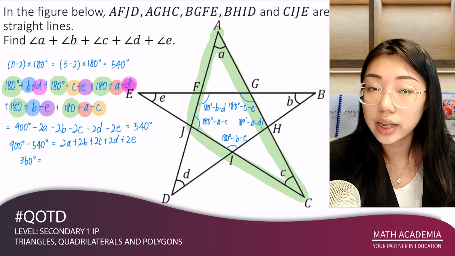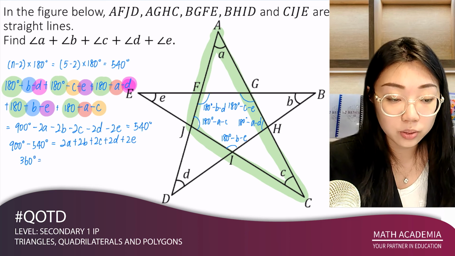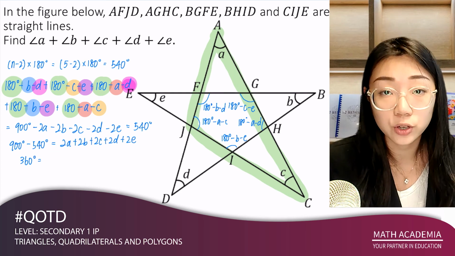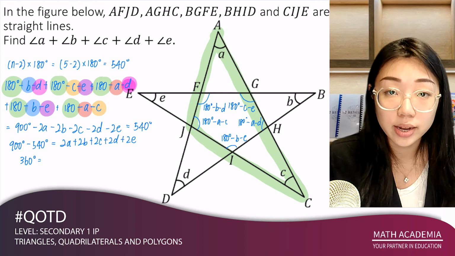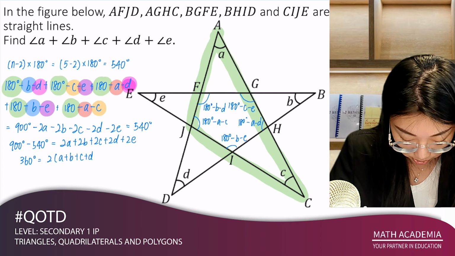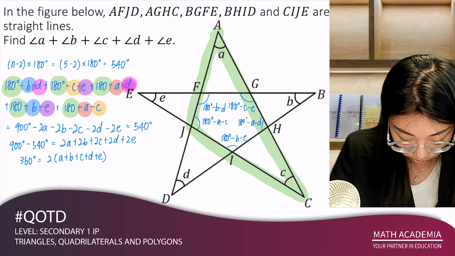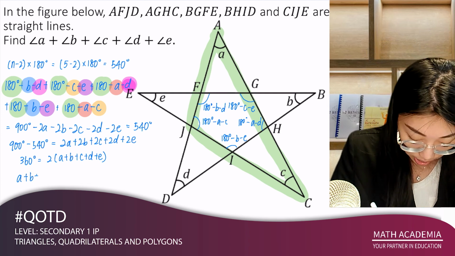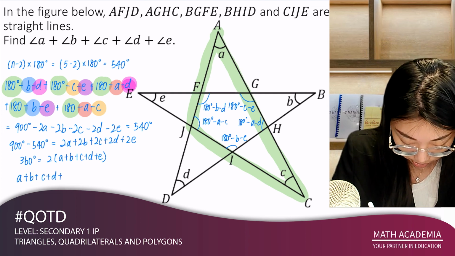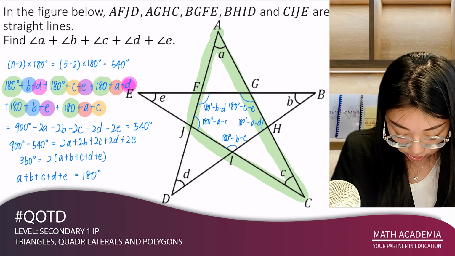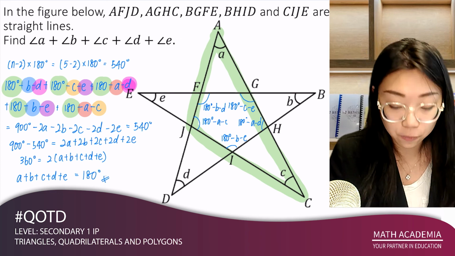And since all of my variables on the right side of the equation have a coefficient of 2, let me factorize out 2. So I'll have 2 times A plus B plus C plus D plus E. Therefore, I arrive at the conclusion that A plus B plus C plus D plus E gives me 180 degrees, which is my final answer.